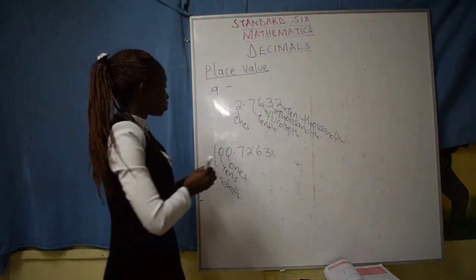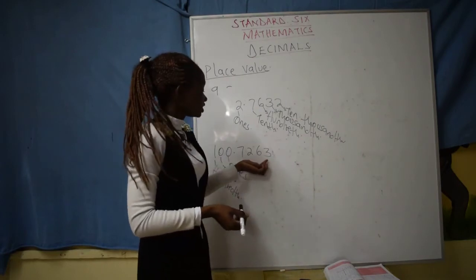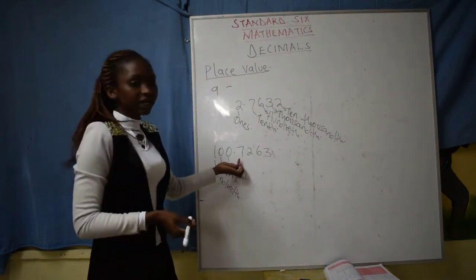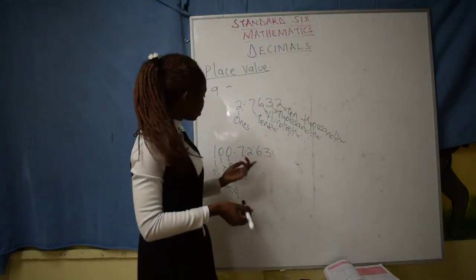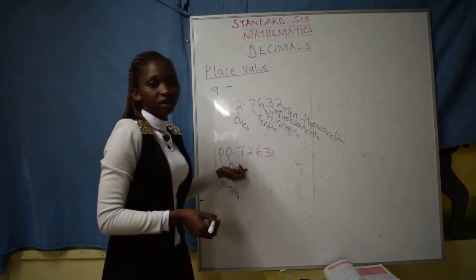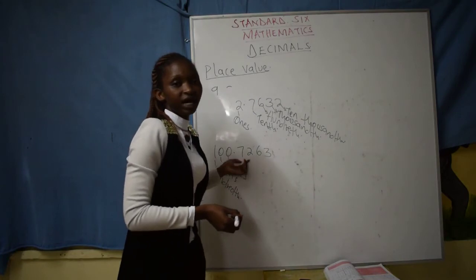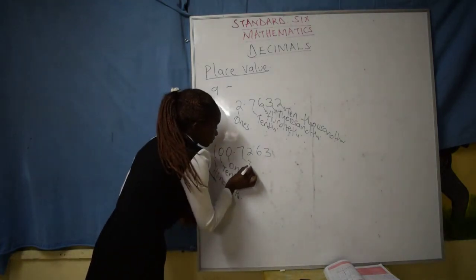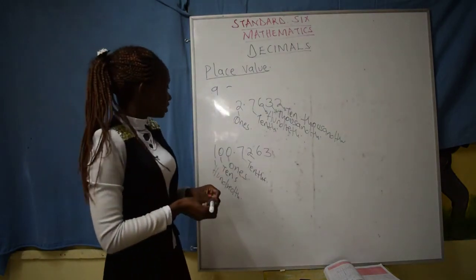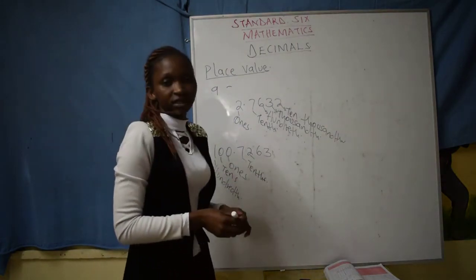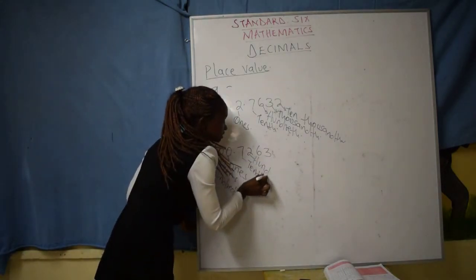Then we get to the right side of our number, that is 7, 2, 6, and 3. We begin from the decimal point. What is the place value of digit 7? We said we begin with, very good, tenths. Then we go to 2. What is its place value? Very good, hundredths.